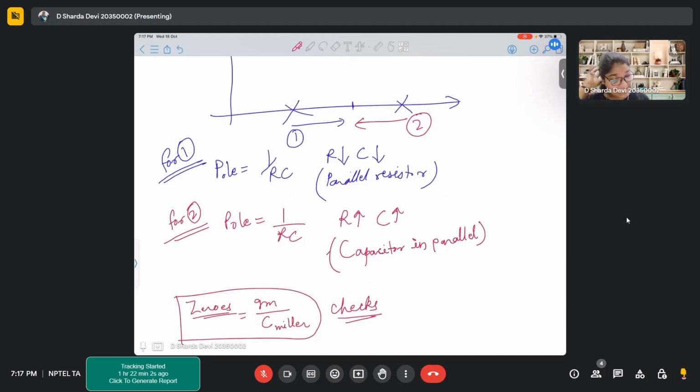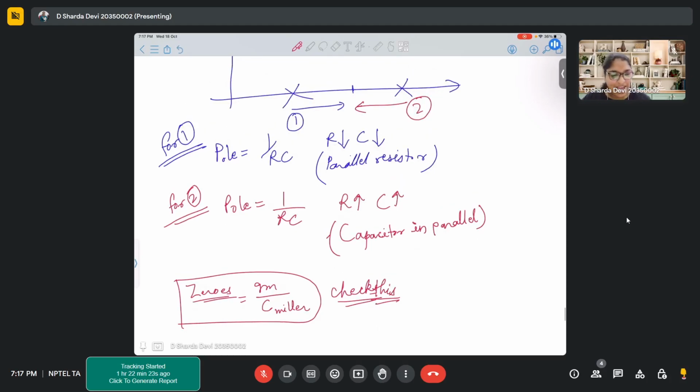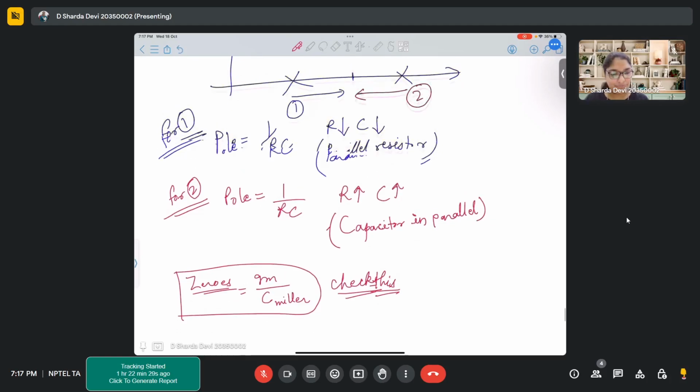It has gm in it, and definitely that Miller capacitor comes into the picture. So most probably it should be gm upon C Miller. Ultimately it is like 1 upon RC, correct? But please check this once. I don't remember right now, but most probably it should be the case for zero.